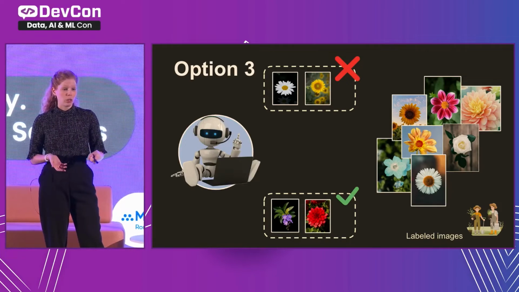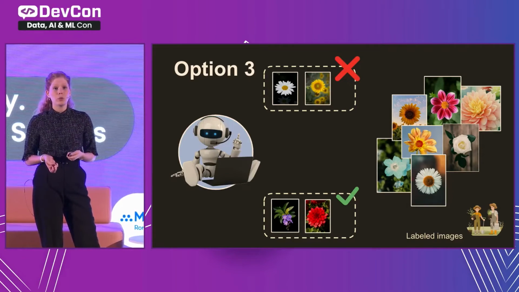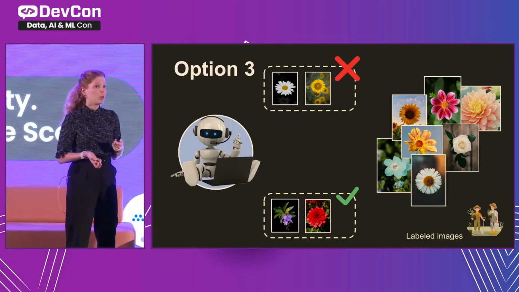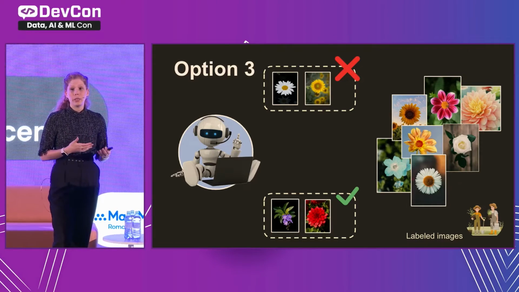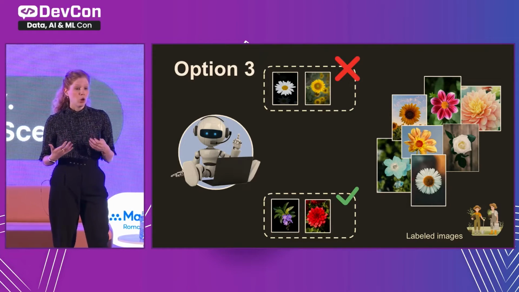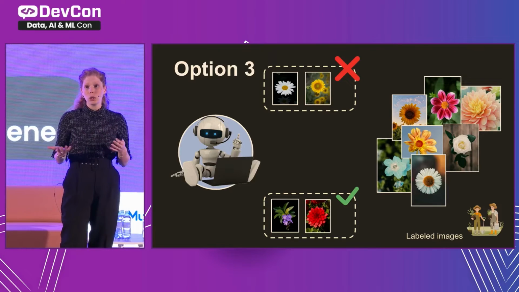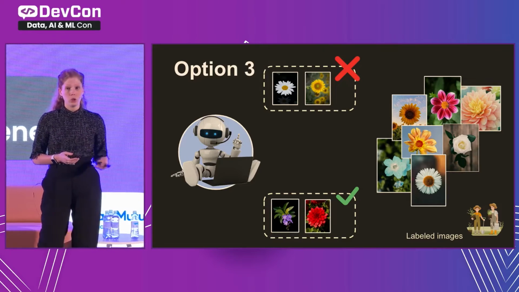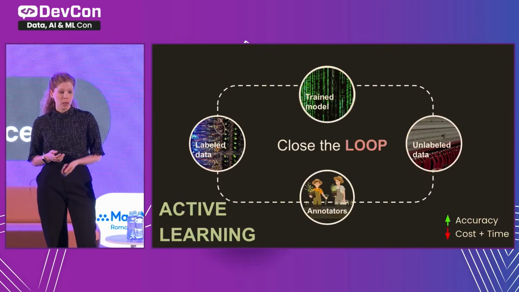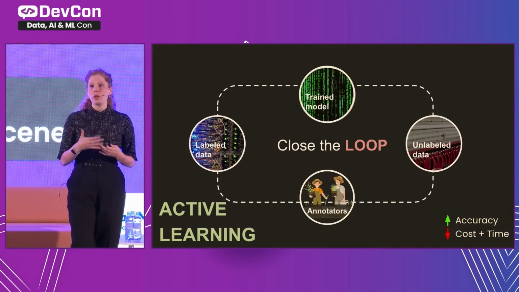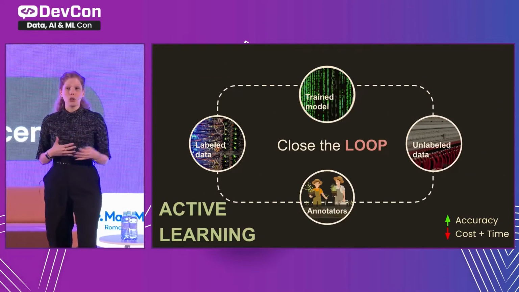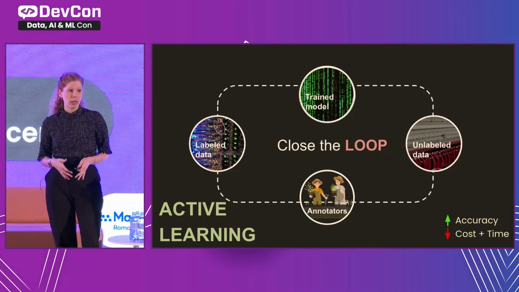What we really want is to make this process automatic. We want to develop a new algorithm that will be able to leverage our knowledge regarding the data and the models in order to tell us which images we want to send to annotation and which images we don't. Those algorithms that help us query the model and the data are called active learning algorithms.